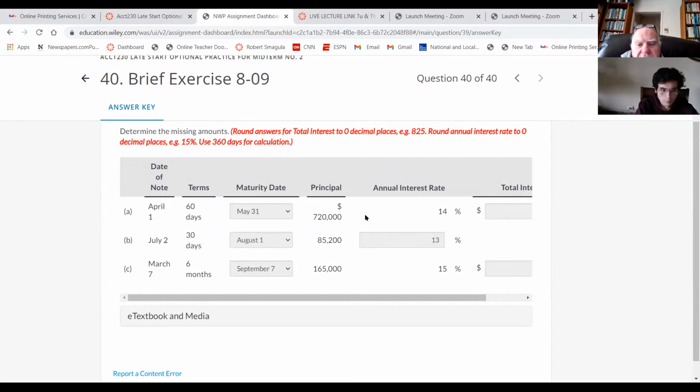Now the next note is 30 days. So here you go, 85,200 times 0.13 divided by 12. And the next one is simply 165 times 15% divided by 2. So this should be a pretty easy one to put on the test.